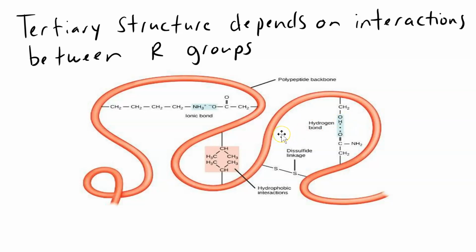So really, this tertiary or third level of structure is the functional structure of each protein. For some proteins, it is the final functional shape. But you need to have those interactions between the amino acids, specifically between their functional groups, their R groups, to enable this third level of structure.